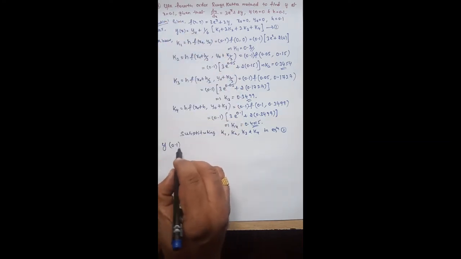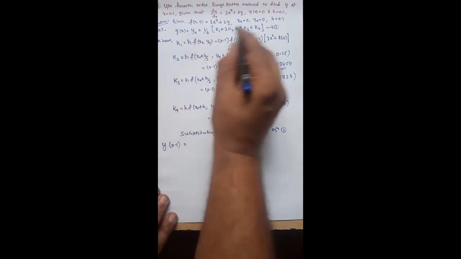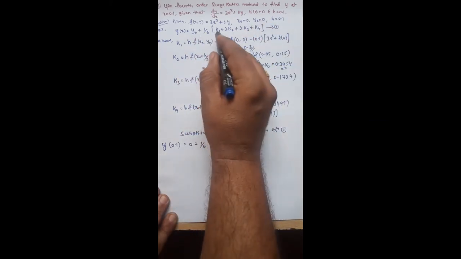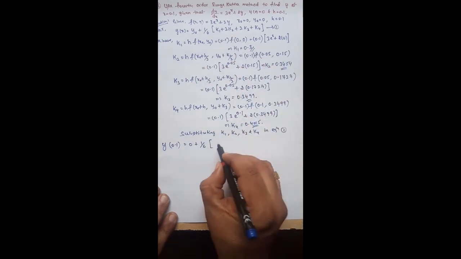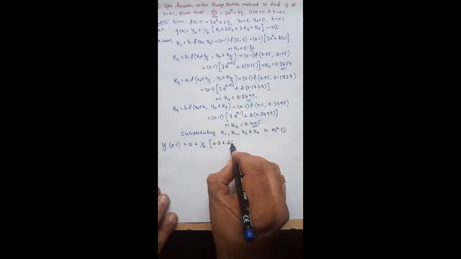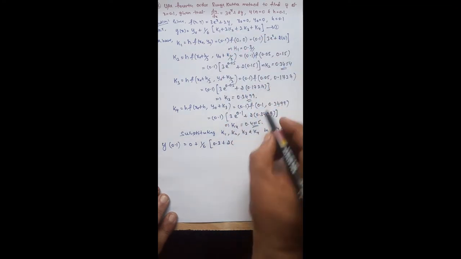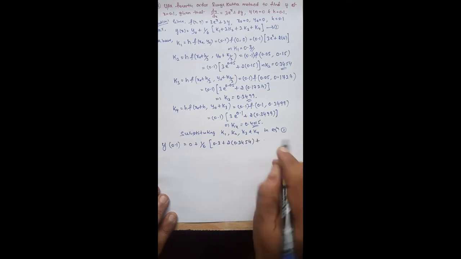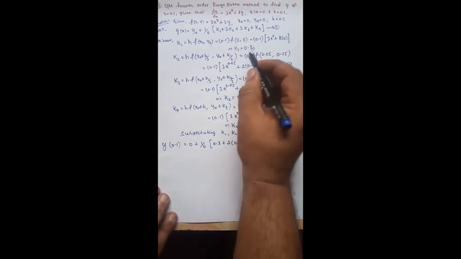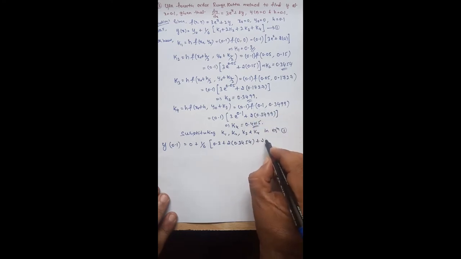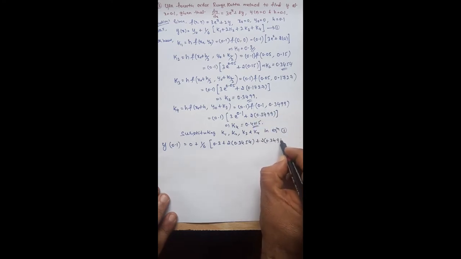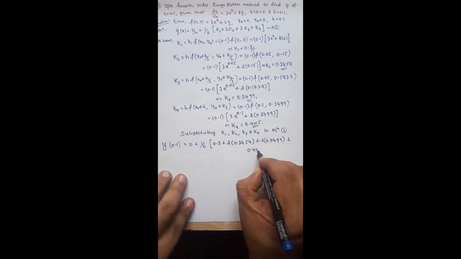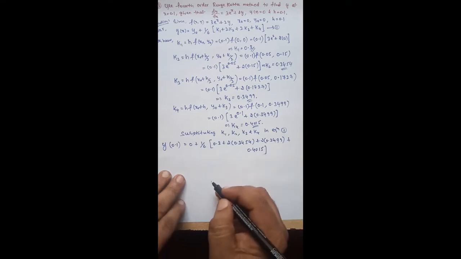So that means y of 0.1, which we want, is equal to y naught, which is 0, plus 1 by 6 into the first term K1, which is 0.3, plus 2 into K2, which is 0.3454, plus 2 into K3, which is 0.3499, plus K4, which is 0.4015.